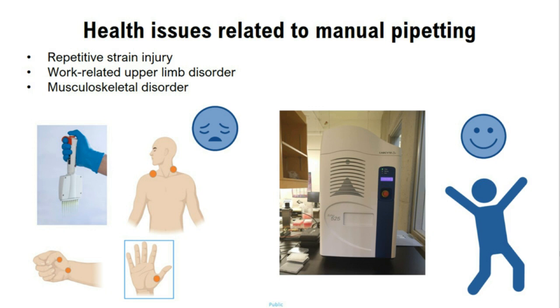This can result in repetitive strain injury and work-related upper limb disorders. That's very common for people that are pipetting every day, and also musculoskeletal disorders because of bad positioning in the lab. But now in our lab we have the Echo used for all the transferring work, and I think our personnel in the lab are very happy with this machine too.